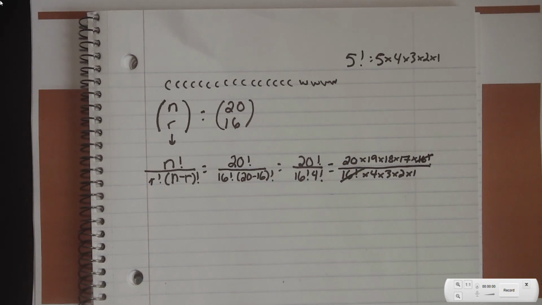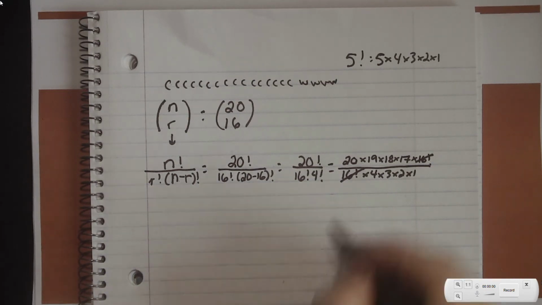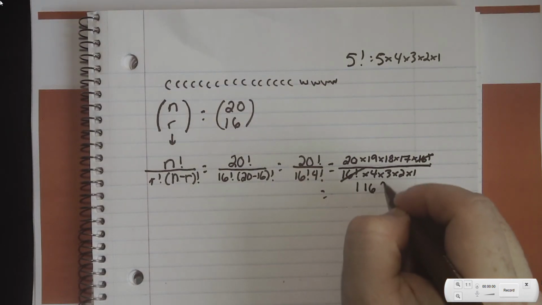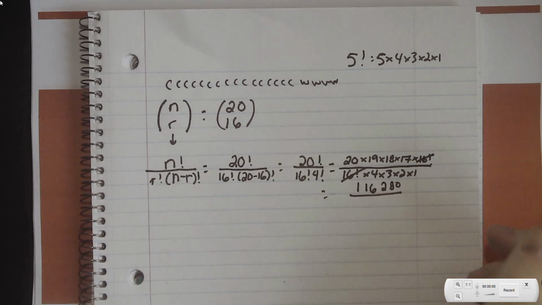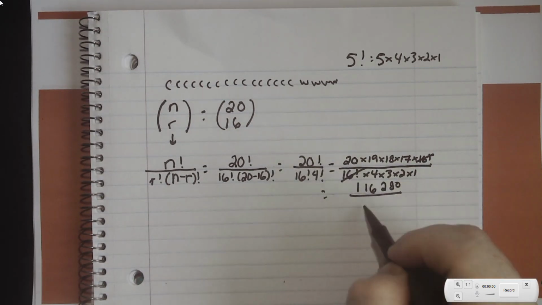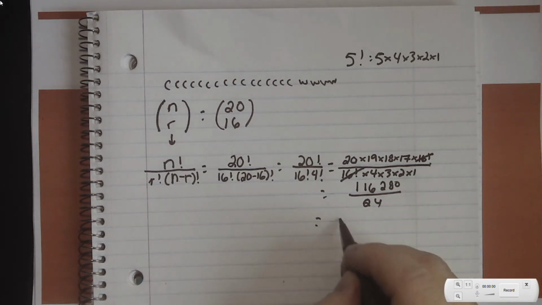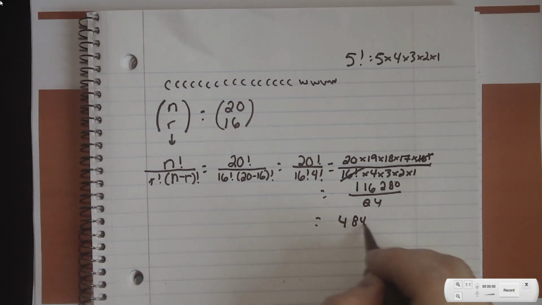Because then all I'm going to do is say, okay, what's 20 times 19 times 18 times 17? And that gives me 116,280. And then on the bottom, what's 4 times 3 times 2 times 1, which I can do in my head. That's 24. And then I'm going to divide by 24. And I'm going to get 4,845.